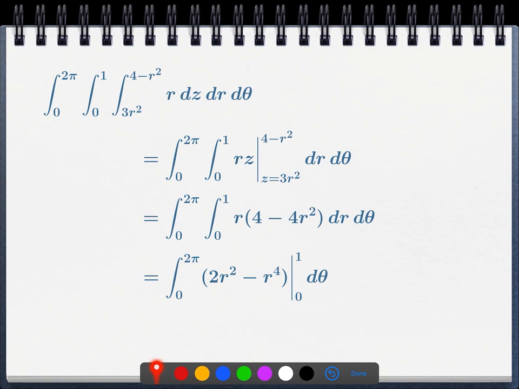So this is just 1. So we're just integrating d theta, and we're going to have 2 pi when we integrate that, because it's 1 d theta. So you just have theta evaluated from 0 to 2 pi, or 2 pi. And that's the value of that triple integral that we started with, that volume.